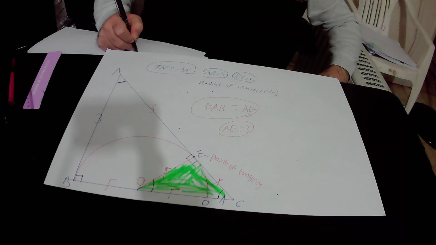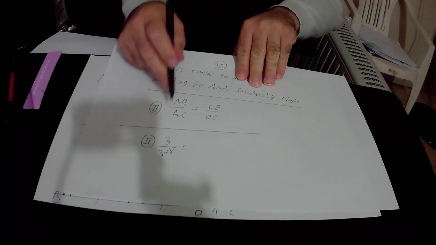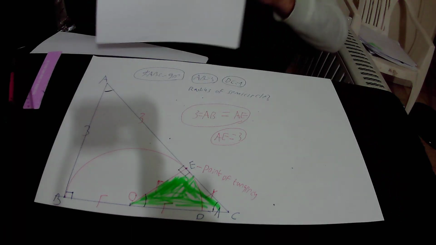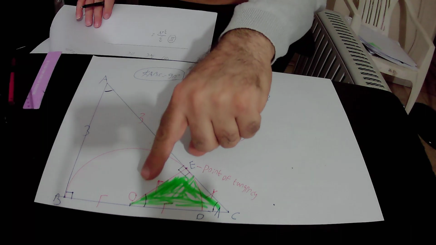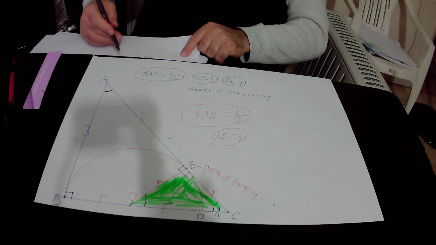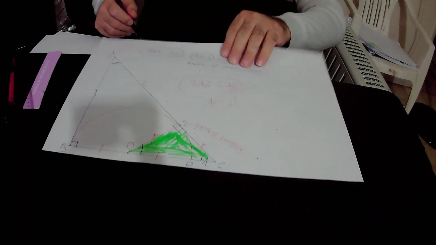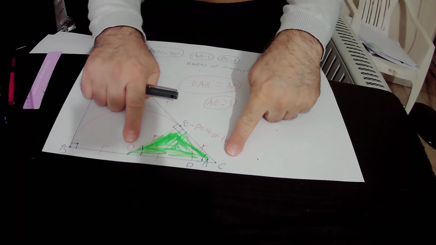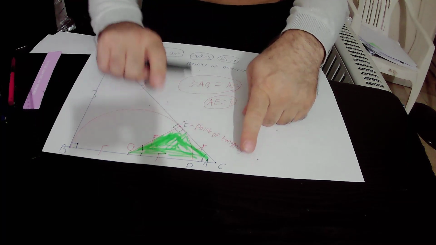So we got that AB equals 3, AC equals 3 plus x, and it equals OE over OC. What is the length of OE? The length of OE is R, the radius of the semicircle. And what is the length of side OC of triangle EOC? It is actually R plus 1.